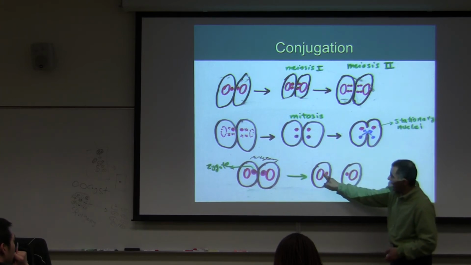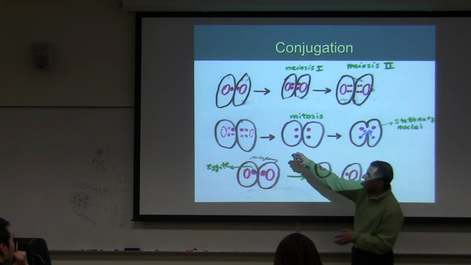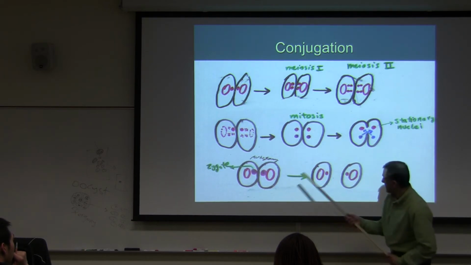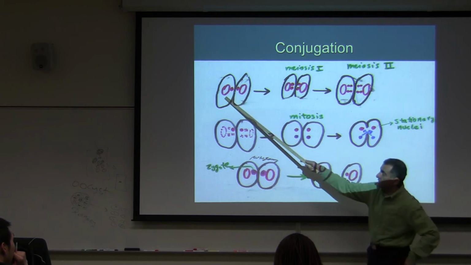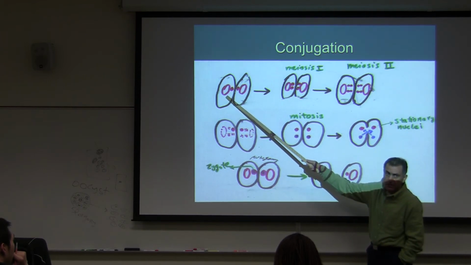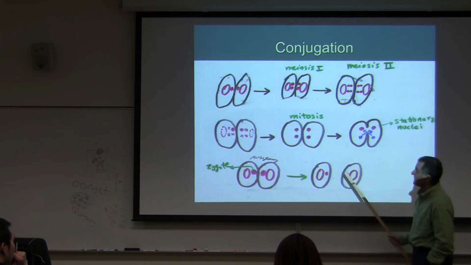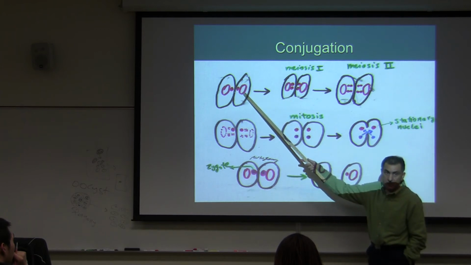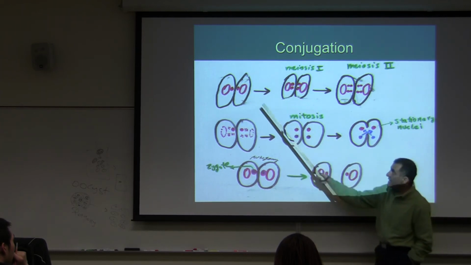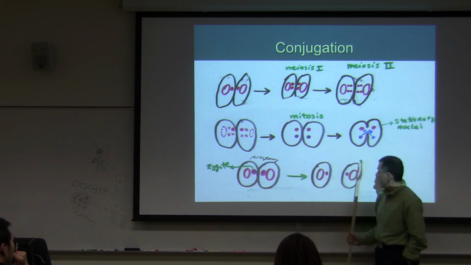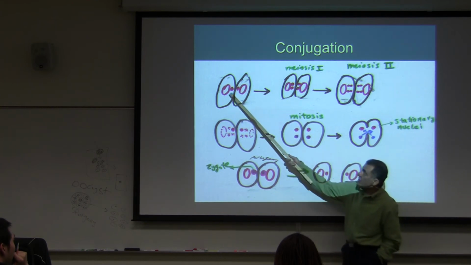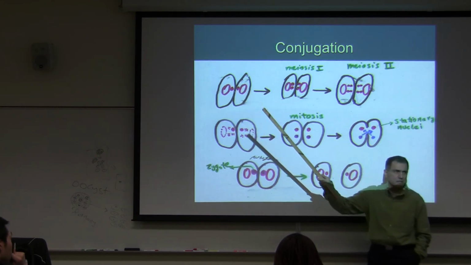But now this cell is genetically different than that cell, because now this one has a combination of the genes, some of the genes of that cell. I hope I'm making some sense.